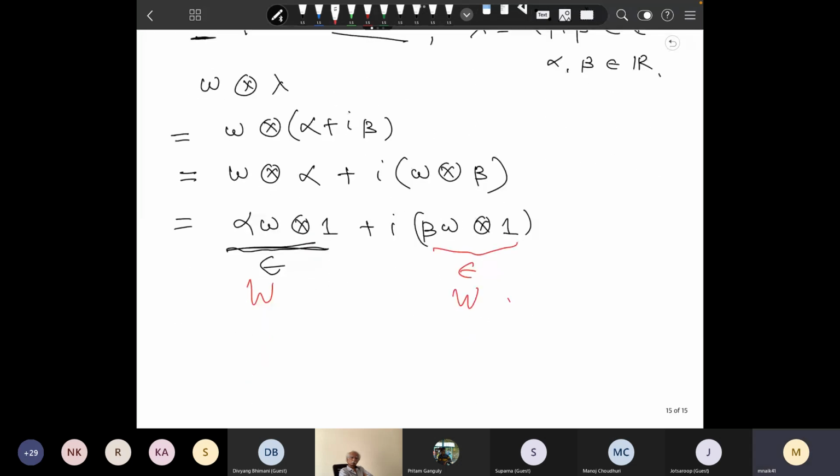This I have done for simple tensors, and any element of WC is a linear sum of these W tensor lambda.